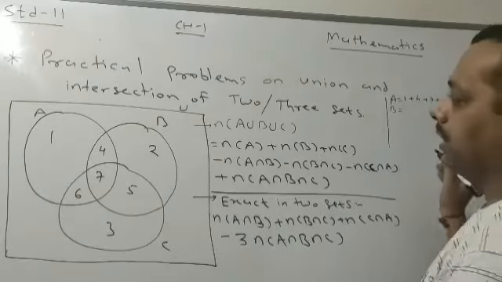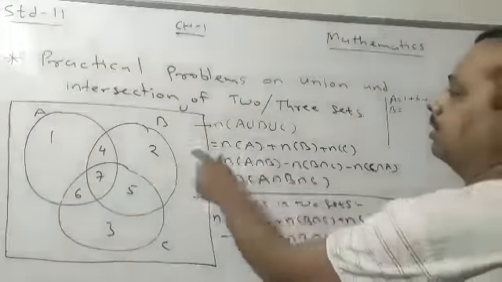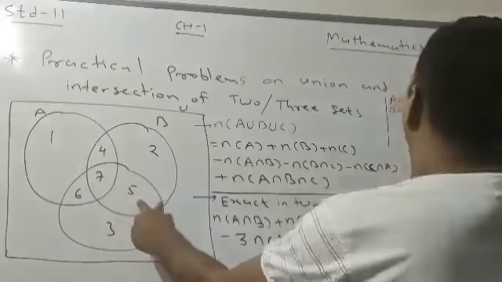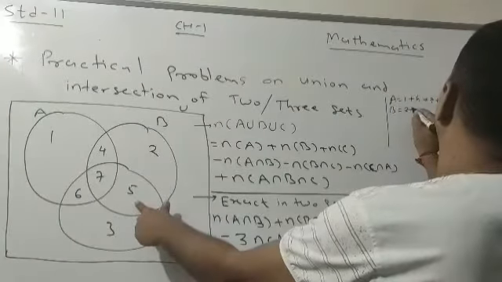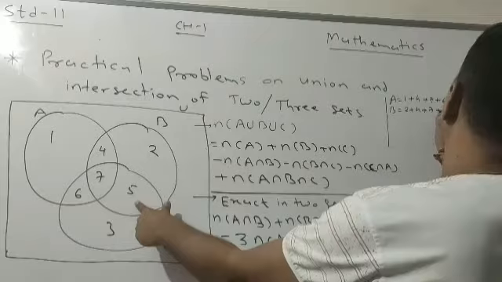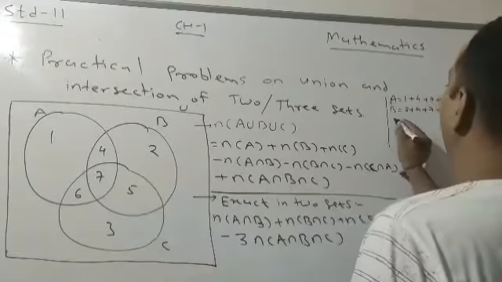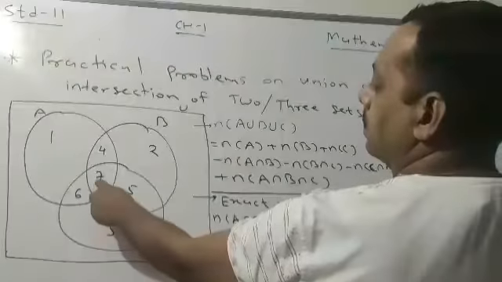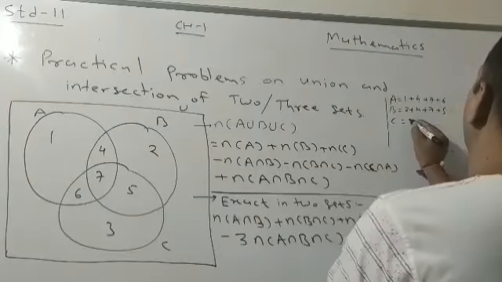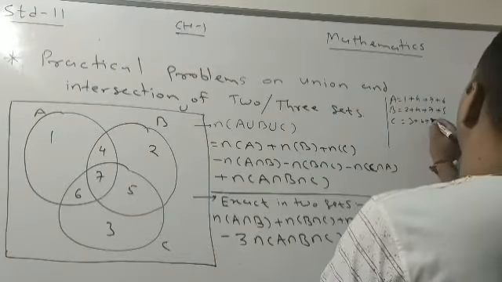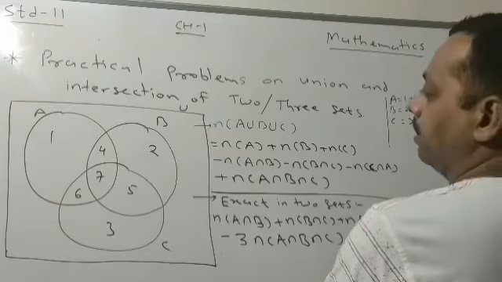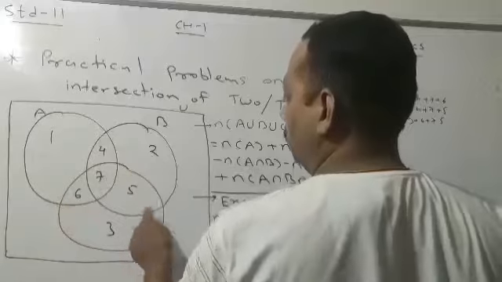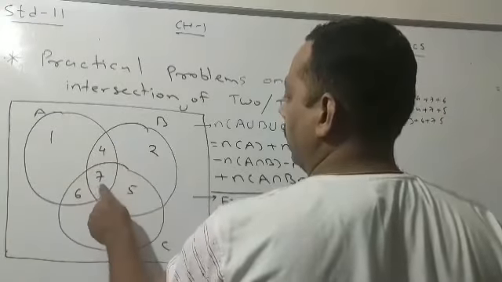When we say B, it means 2, 4, 7, 5. When we say C, 3, 6, 7, 5.